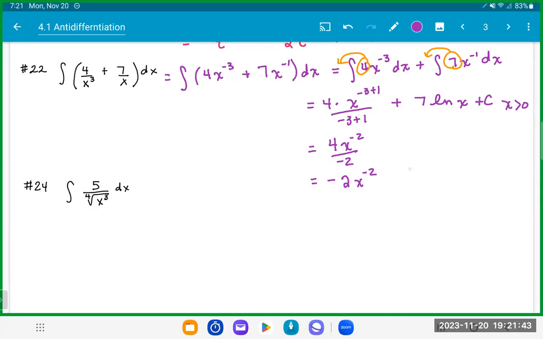Okay. So this we could just bring down here. So that's plus 7 ln of x plus c where x is greater than 0. Okay? And we could have written this one better. We could have said negative 2 over x squared plus the 7 ln of x plus c where x is greater than 0. Okay? Question.